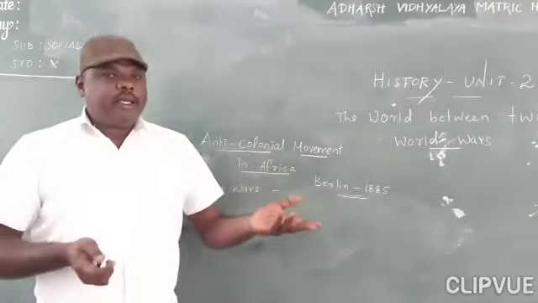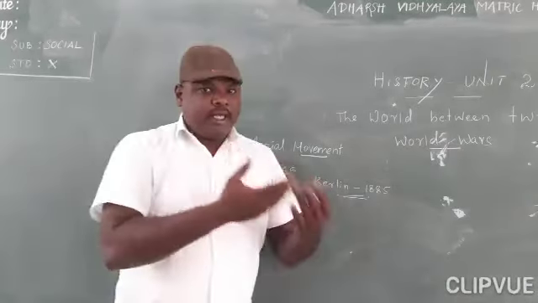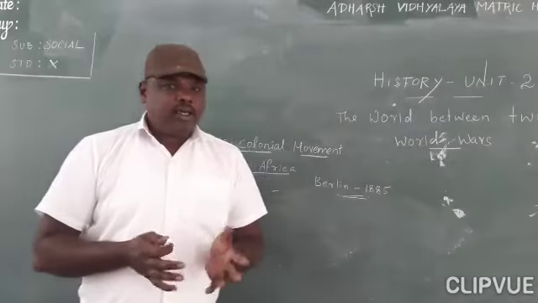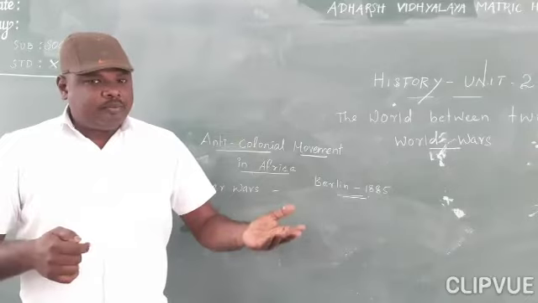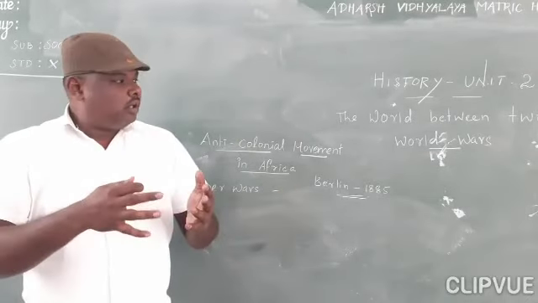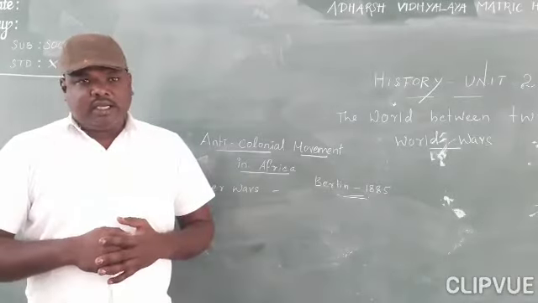The Europeans could occupy African areas as they decided in 1885. After that, some problems started in the African areas.